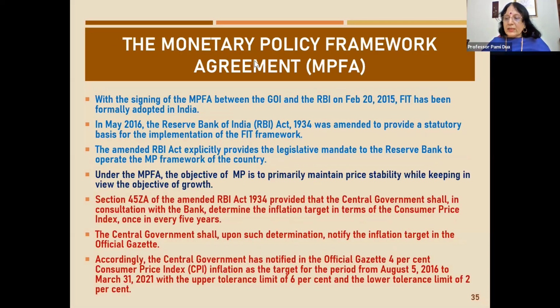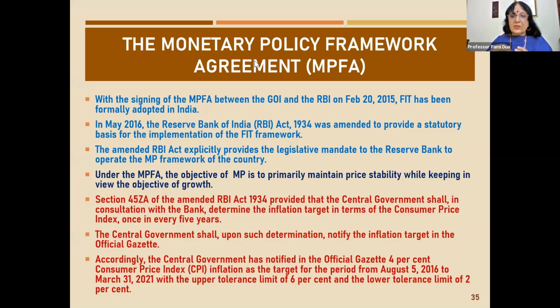But before the amendments were made, we had the signing of the Monetary Policy Framework Agreement between the Government of India and the RBI in February 2015. And after this signing, flexible inflation targeting was formally adopted in India.